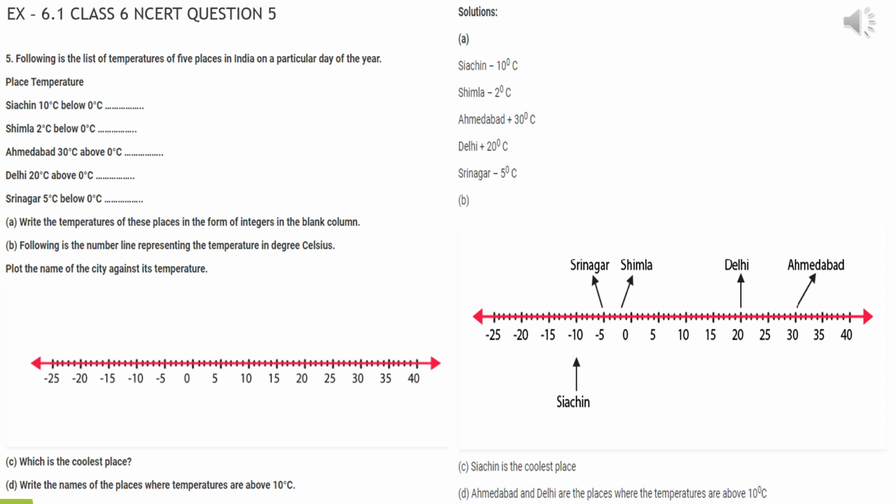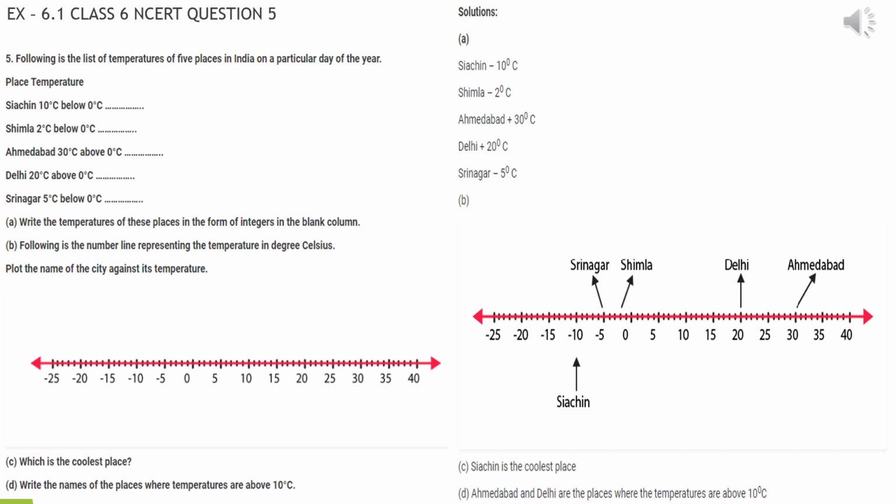C part, which is the coolest place. In the question we have been given 5 temperatures: minus 10, minus 5, plus 30, plus 20 and minus 2. And we have to find the coolest place. We know that the coolest place is the place which has the lowest temperature, and according to the definition of integers, positive integers are greater than negative integers.